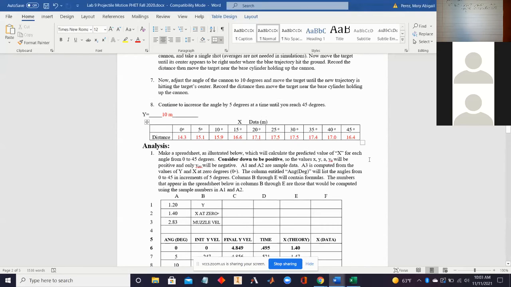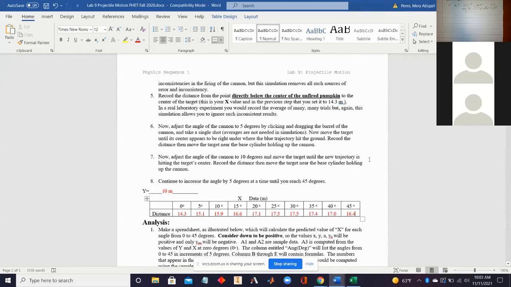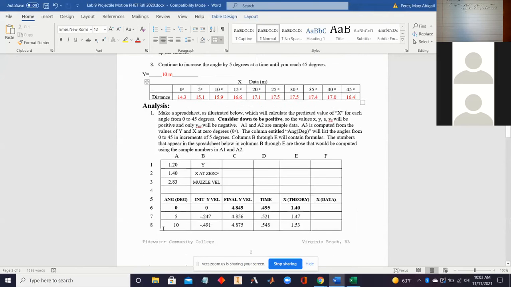So you're supposed to have that 1.20 and that 1.40. Yeah, you're supposed to put those numbers in at A1 and A2, and then that number should pop out at A3. And then if you've got the columns B, C, D, and E right, then those first 3 rows should be matching your table as well. So that's the first thing you've got to do, is make sure all those match.